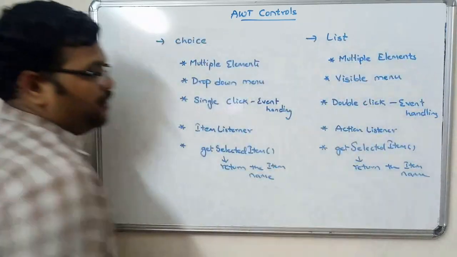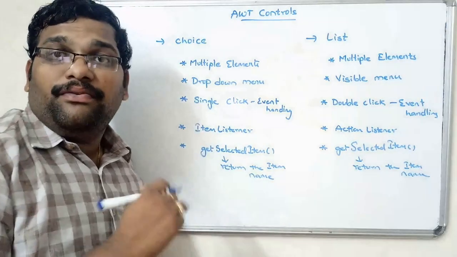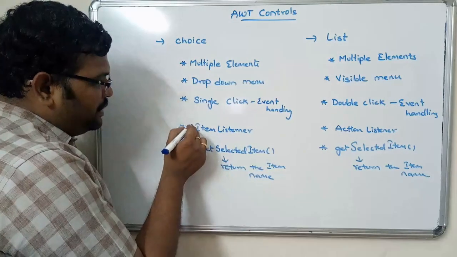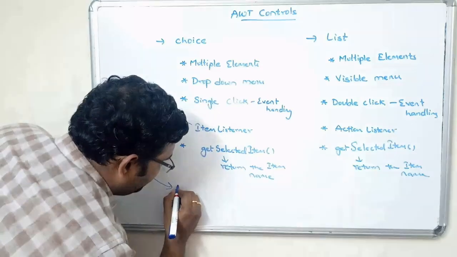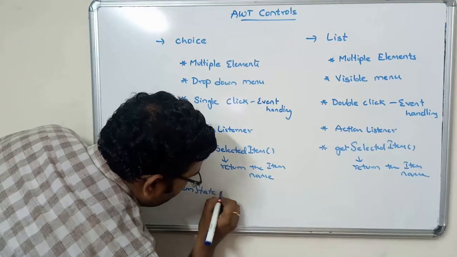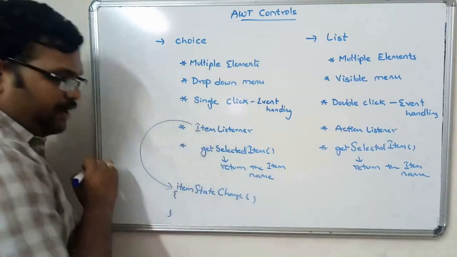We know that an interface consists of abstract methods. The item listener interface consists of one method, itemStateChanged.